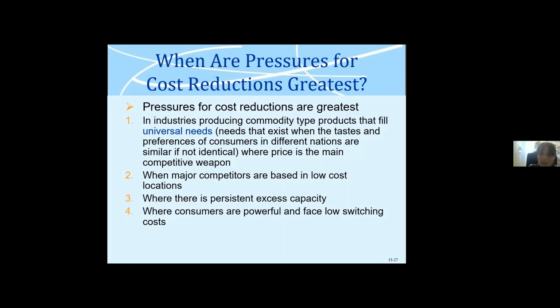Pressures for cost reduction are also intense in industries where major competitors are based in low-cost locations, where there is persistent excess capacity, and where customers are powerful and face low switching costs. The liberalization of the world trade and investment environment in recent decades, by facilitating greater international competition, has generally increased the cost pressure.